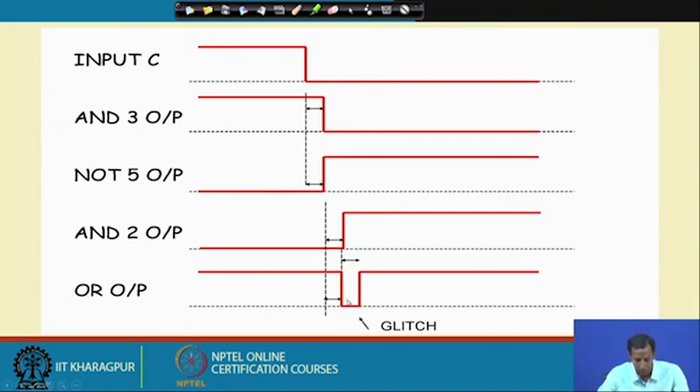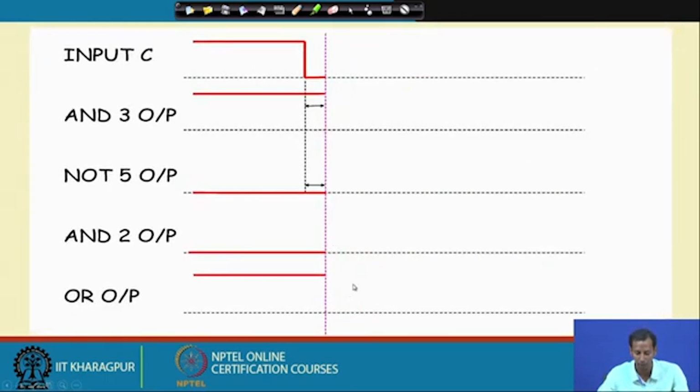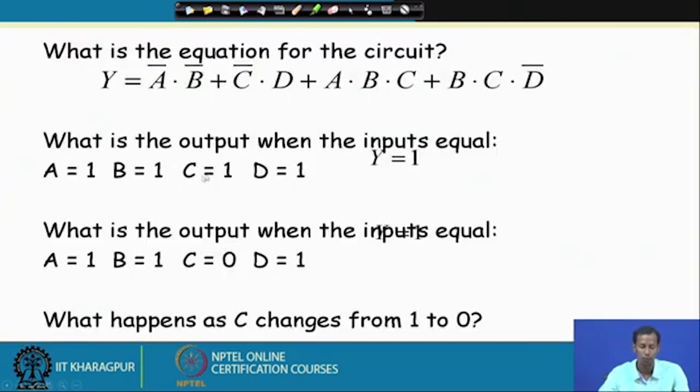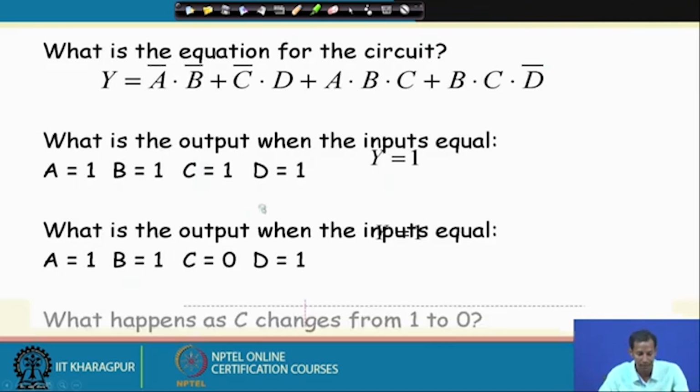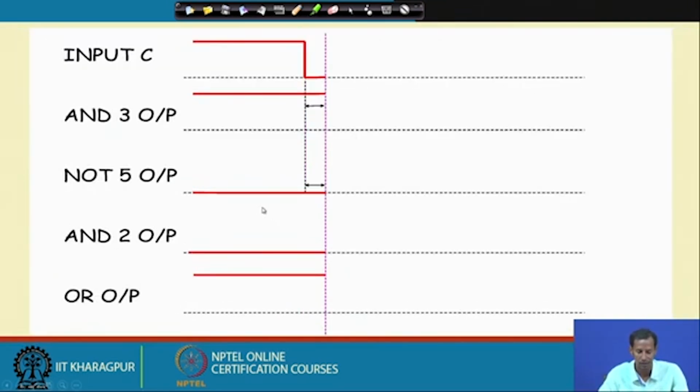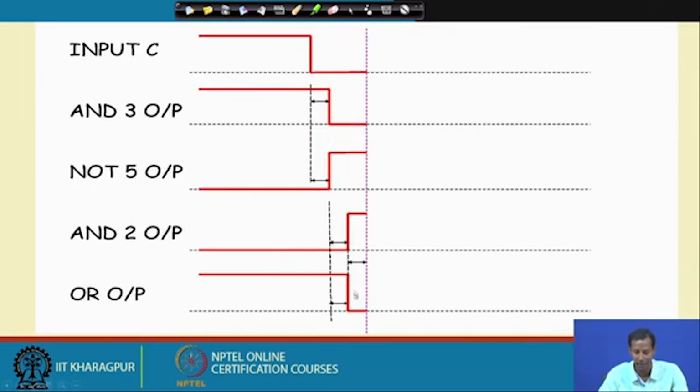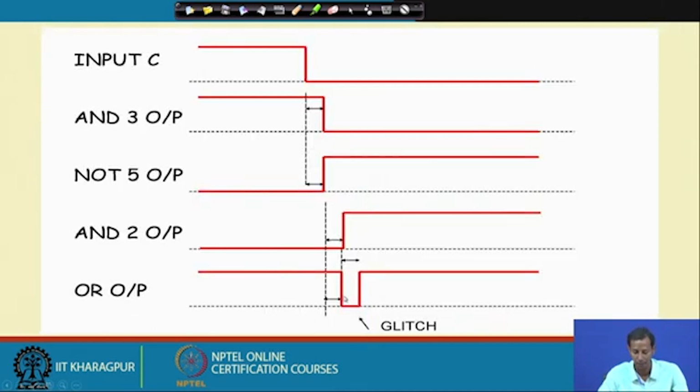But this particular 0 should not happen. Why should this not happen? If you see, in both cases the y should be 1. So, that means y will continue its value at 1, but because of this gate delay, I am getting 1 0 which is happening in between.